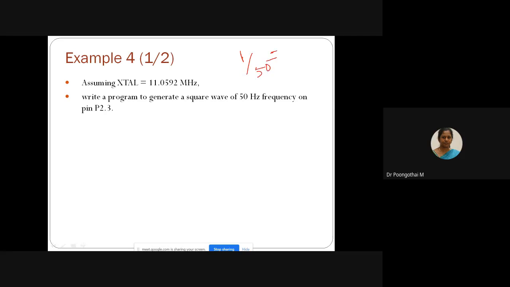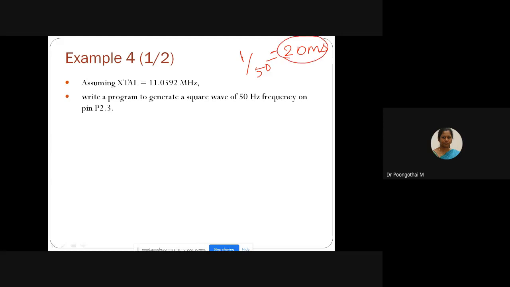So what is the answer? 1 divided by 50 hertz is 20 milliseconds.